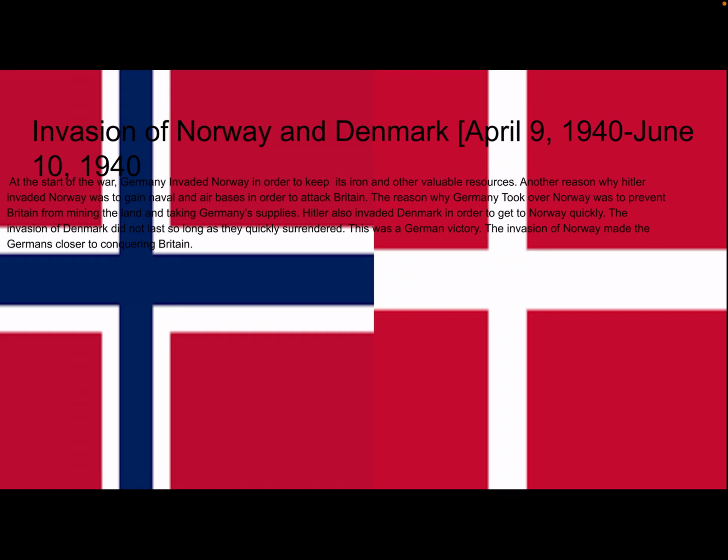Germany took over Norway to prevent Britain from mining the land and taking Germany's supplies. Hitler also invaded Denmark in order to get to Norway quickly. The invasion of Denmark did not last long as they quickly surrendered. This was a German victory. The invasion of Norway made the Germans closer to conquering Britain.